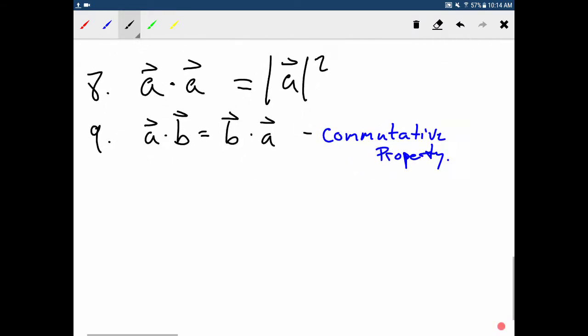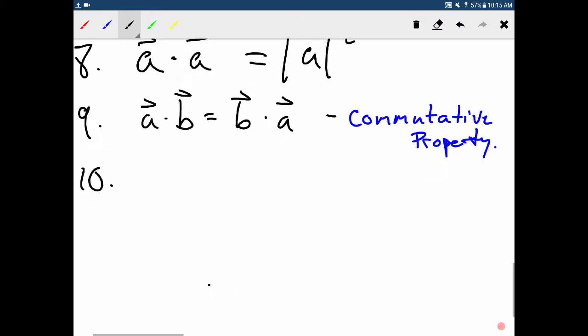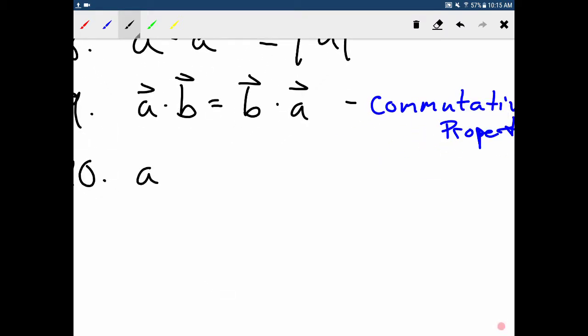So, what else we got? We're almost done. We're 3/4 of the way down these. There's only 3 more. So number 10, we've got what we call the distributive property, which is the same as all the distributive properties you've learned up to this point.